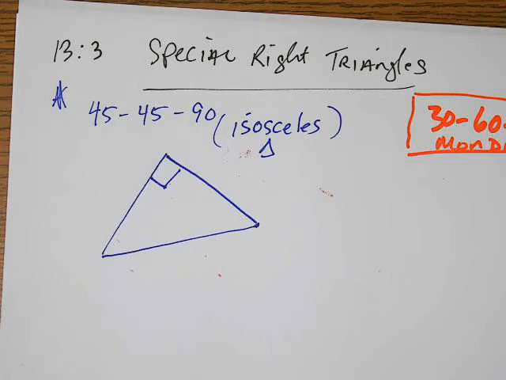Two lines that never intersect but are not parallel. Anybody? Two lines. Two lines that never intersect but are not parallel.